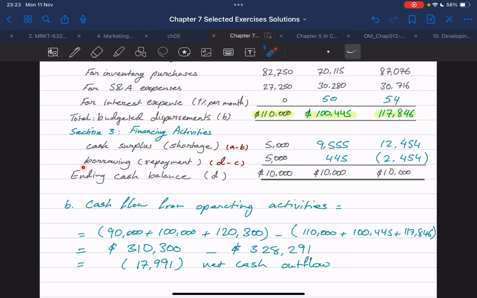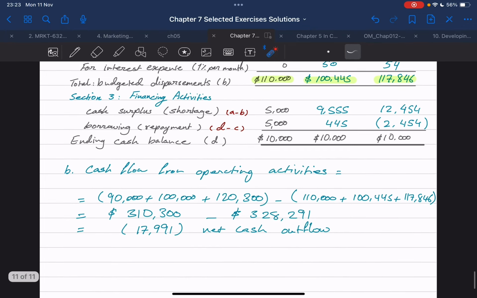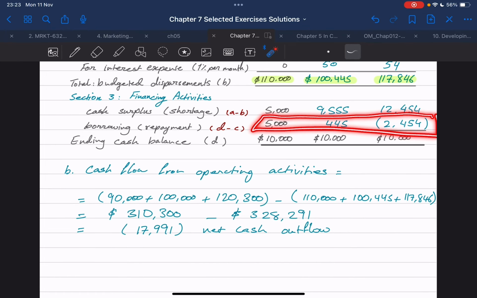Notice how we have this line, the borrowing and repayments. These are the amounts that the business had borrowed, and this is the amount that the business has repaid or is expecting to repay by the last month, right? So the net cash flow from financing activities is basically going to be the total of this. So 5,000 plus 445 minus 2,454.